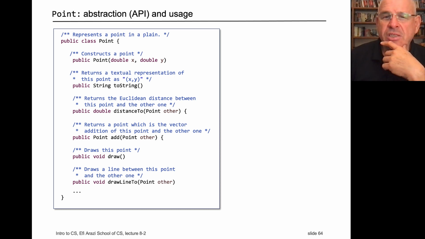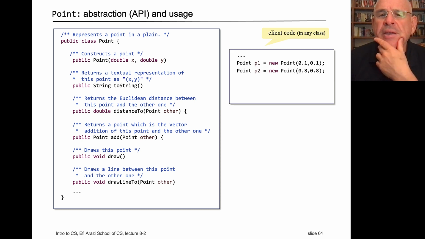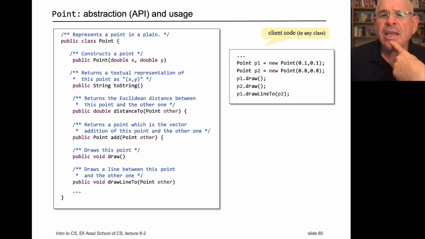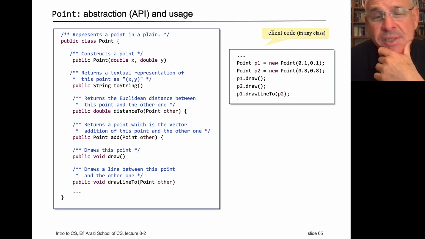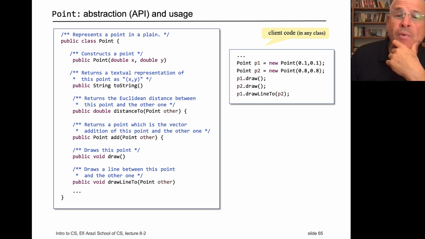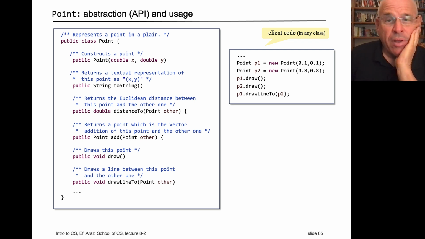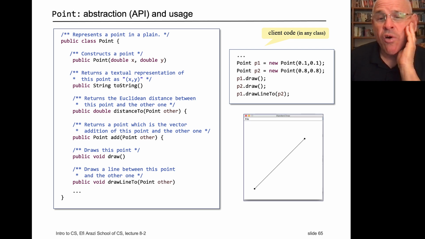All right, so here's more examples of client code. I created 2 points, and then I say draw these 2 points, and then draw a line from P1 to P2. These method invocations, this method calling, is going to open a standard canvas, and I will see the 2 points and a line drawn between these 2 points, which is kind of nice.